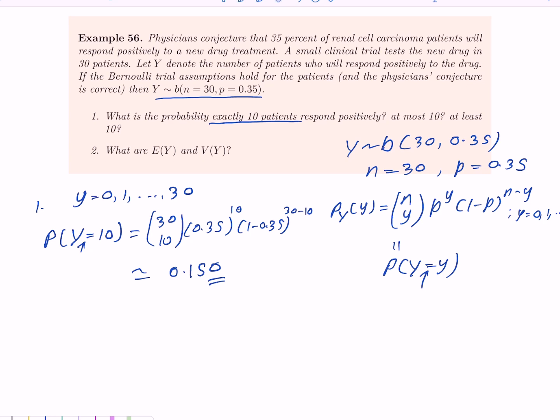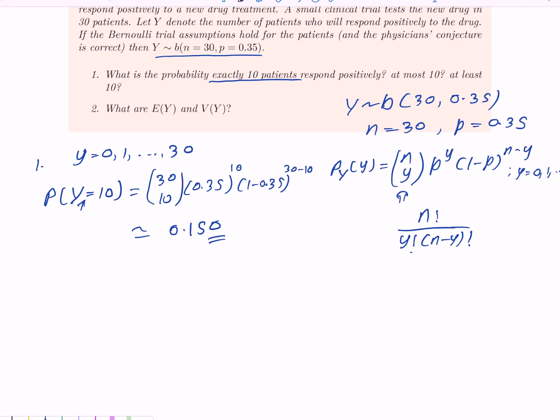Let me explain how to simplify. N choose y means n factorial over y factorial times n minus y factorial. Okay, so this is 2210. Actually, please watch my video of the 2210 class, so then you will understand how to do it. So that is the probability that exactly 10% respond positively.